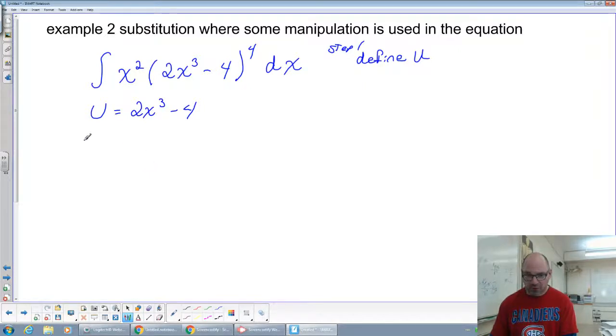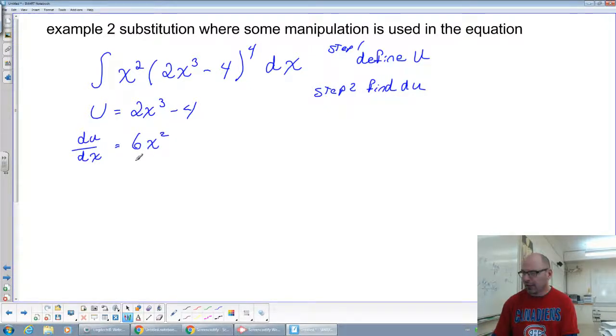Then if we go du dx, step 2 is find du. So du dx, this will be 6x squared.